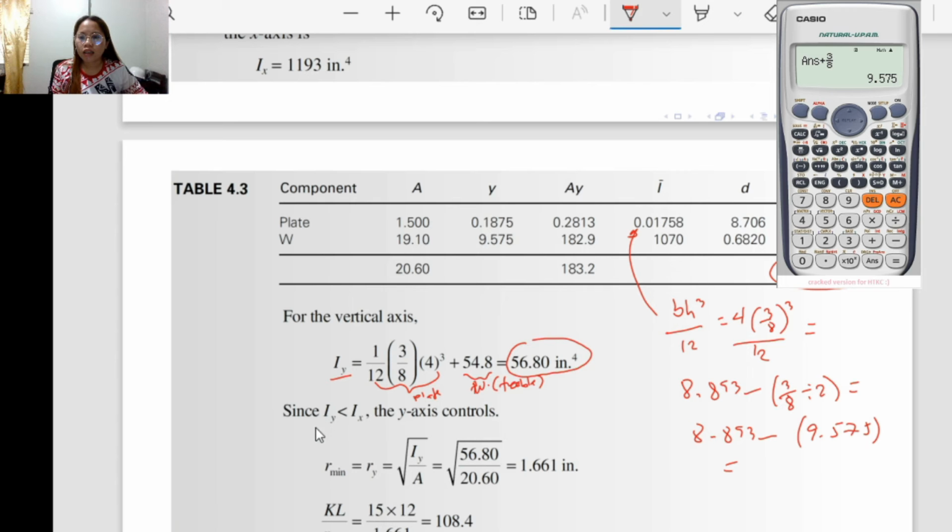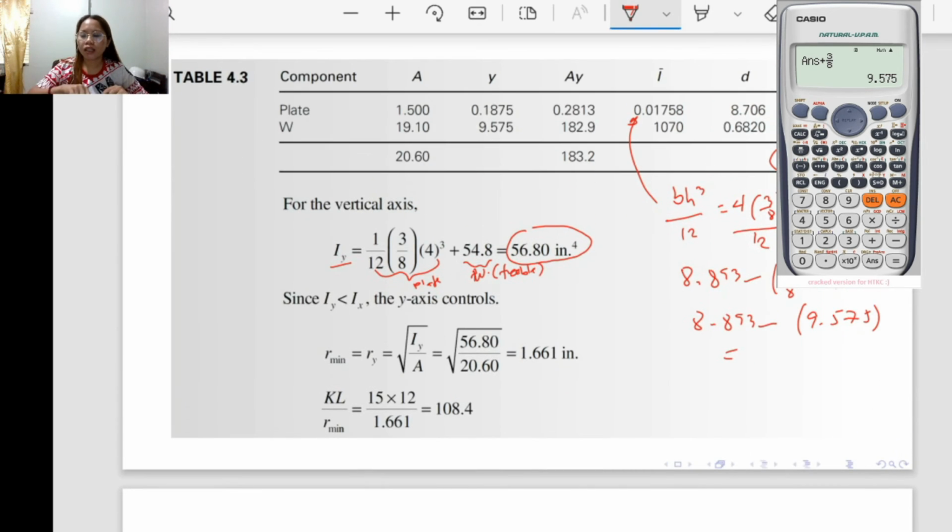Meaning, right, we have to remember in the KL over R, right? It is critical if this value is very large. So, if this value is very large, meaning your radius of gyration is minimum. So, your radius of gyration here should be minimum. Right? So, for it to be minimum, your moment of inertia should be the smaller one. Or minimum also. Right?